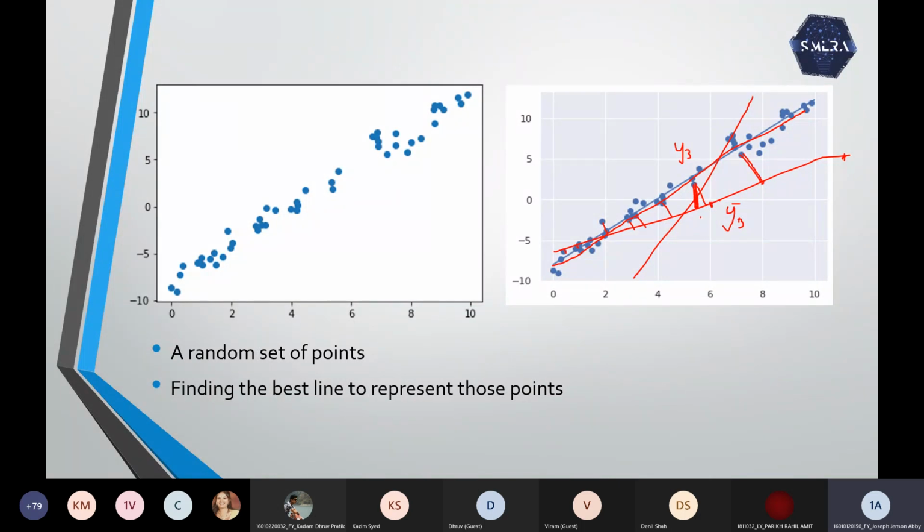All right. Now if the points are lying above the curve, you may get a positive value, and if they lie below the curve, you may get a negative value. So we don't want the errors to cancel out. We want the positive value of error. That's why we square it.